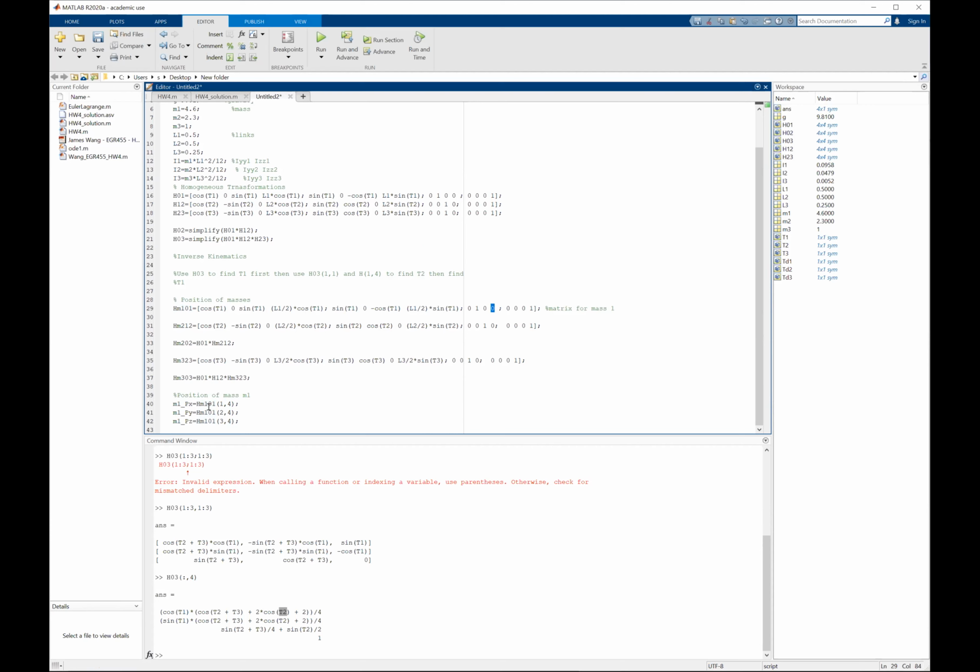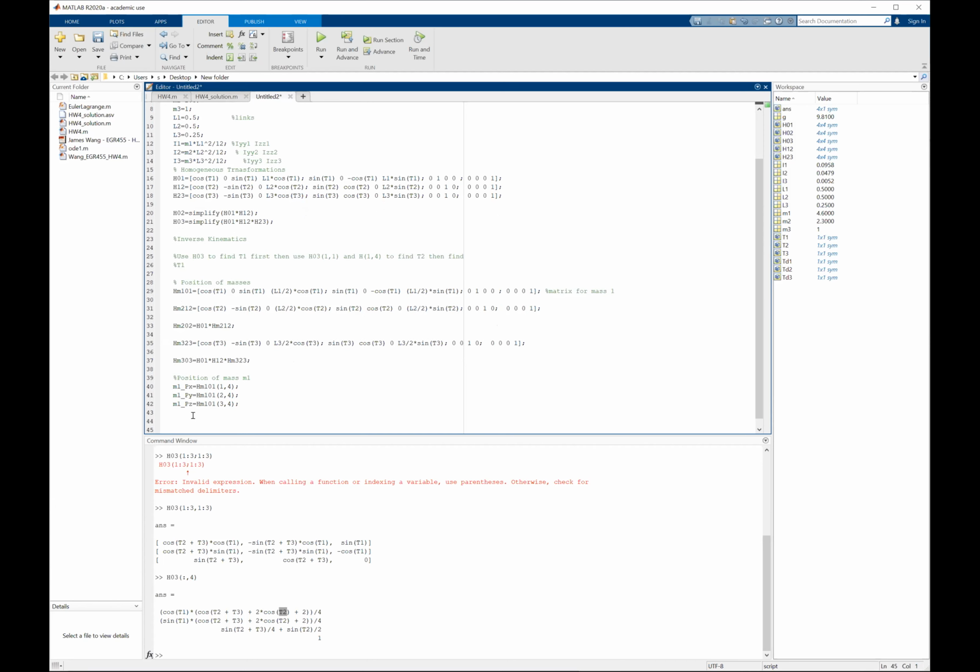So m1_px is the X position of mass M1, m1_py is the Y position of mass M1, and m1_pz is the Z position of mass M1. Everyone understood?